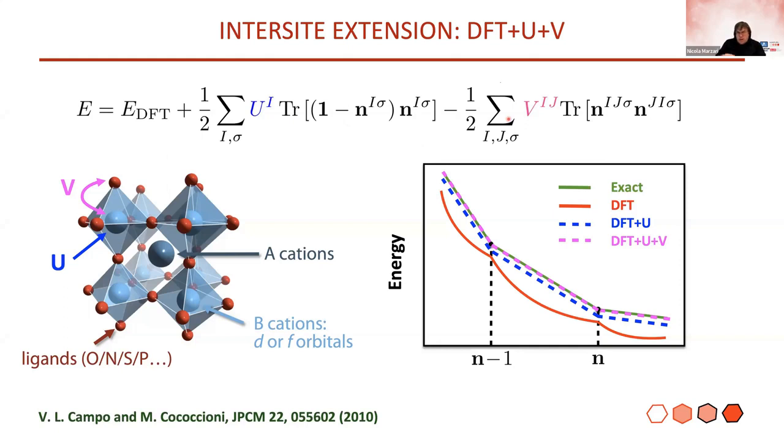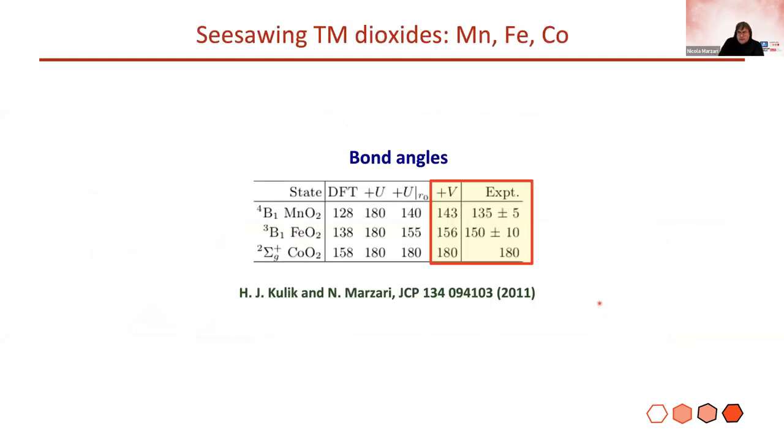And if you want, once you add these terms, again in a sketch, not only do you restore the piecewise linearity, but you bring your energy functional closer and closer to the exact functional. And at this point, things started to look very interesting. Very soon, Matteo gave us his code, and with Eder Kulik, we started to look at some very interesting molecules. I was fixated, and still am fixated, with molecules.